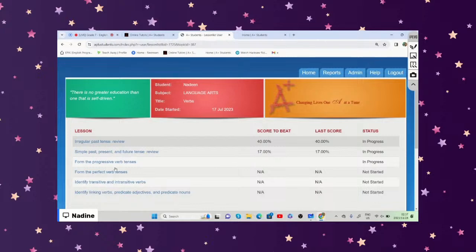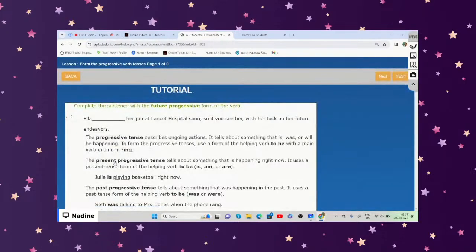All right, so that is the simple past, present, and future tense. Now we're going to form the progressive verb tense. When it comes to progressive verb tenses, the verb ends in ing to show ongoing action.